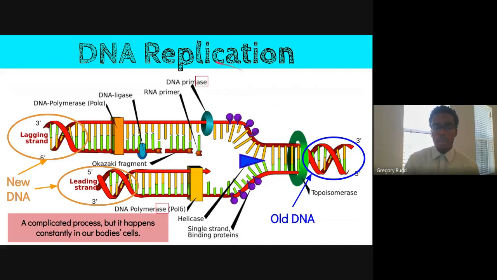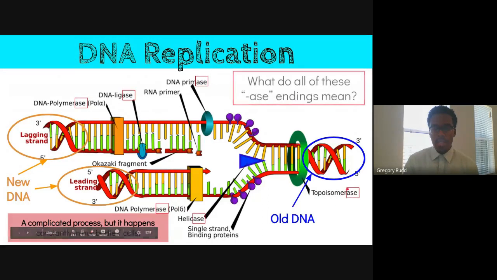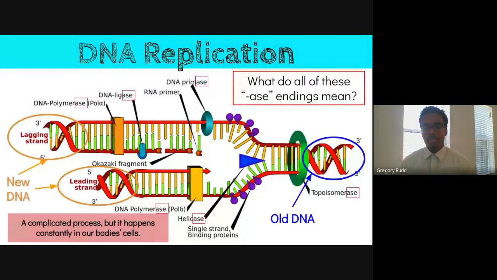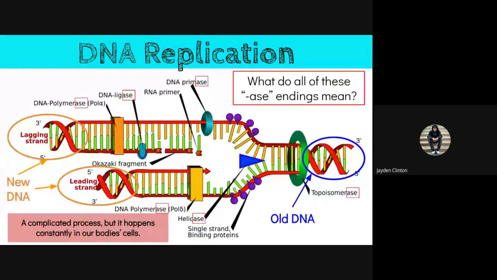Now, one thing to take note of, we've got ASE here, ASE there, ASE there. What do all of these ASE endings mean? When I see the ending ASE, what should I be thinking about? Enzymes.